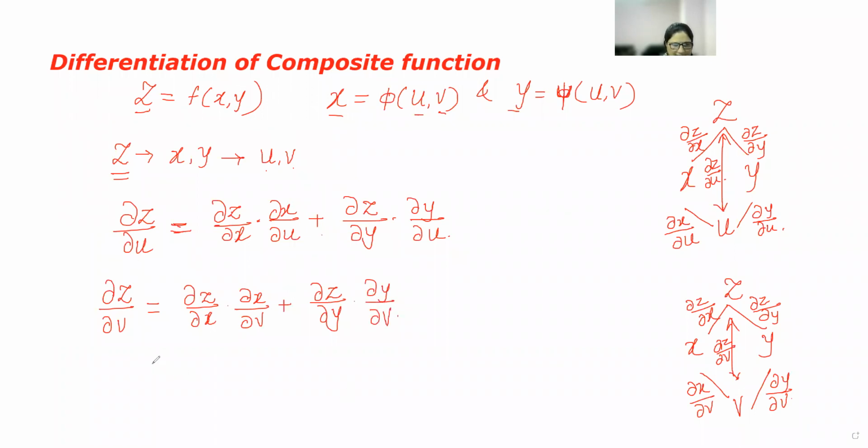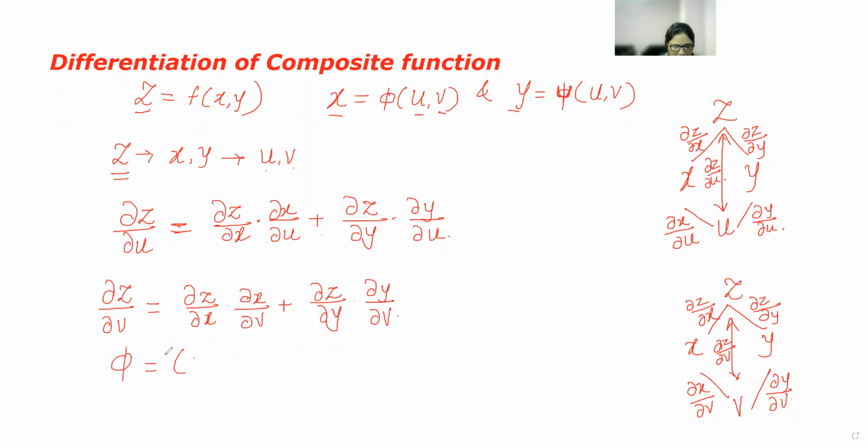Okay, if z is a function, just I am taking that z now. Z is a function in, or I will take that v. Let us take another function here. Let us take phi.